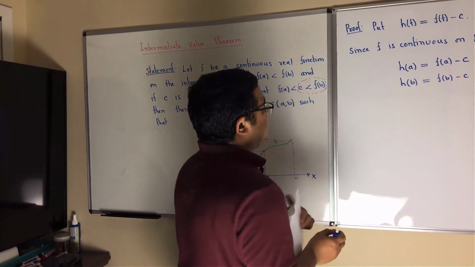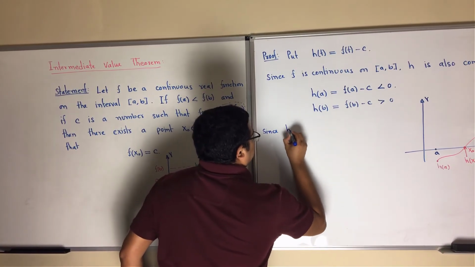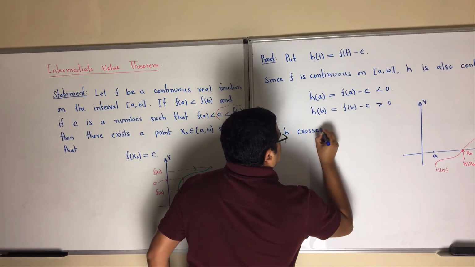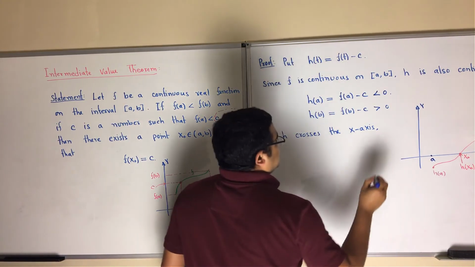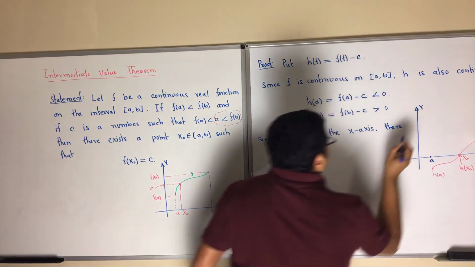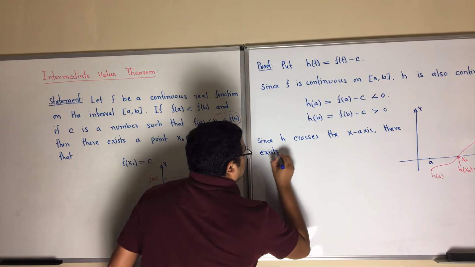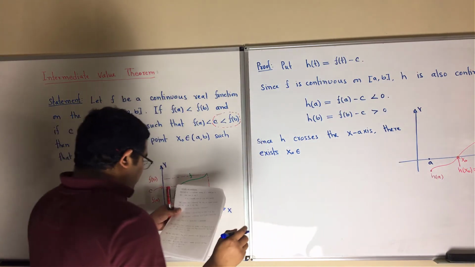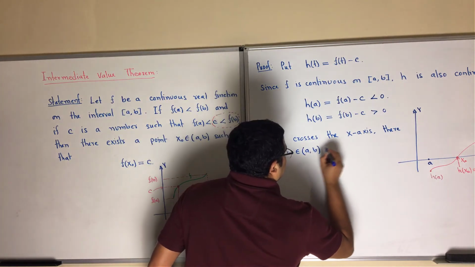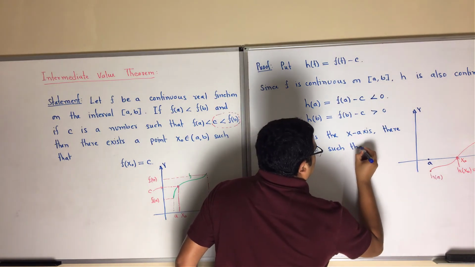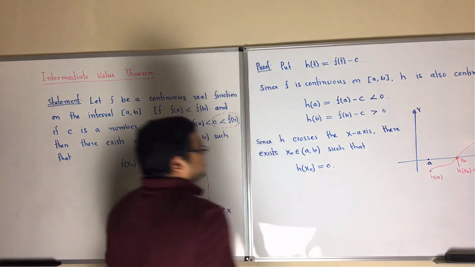Since h crosses the x axis, there exists x0 in (a, b) such that h of x0 is 0.